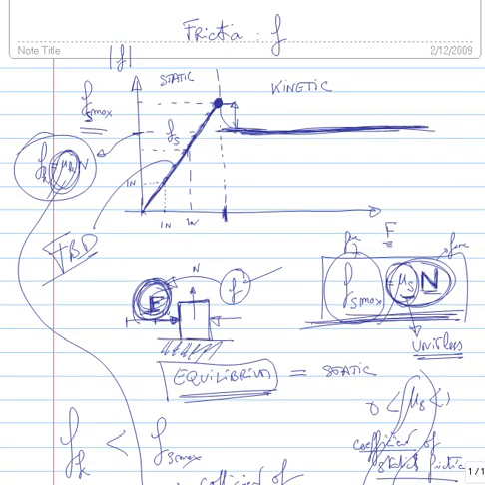Obviously, if this is mu_s N and this is mu_k N, N is the same, mu_s N is larger than mu_k N, therefore mu_s is always going to be bigger than mu_k. So for the same surface, mu_k is always going to be smaller than mu_s.